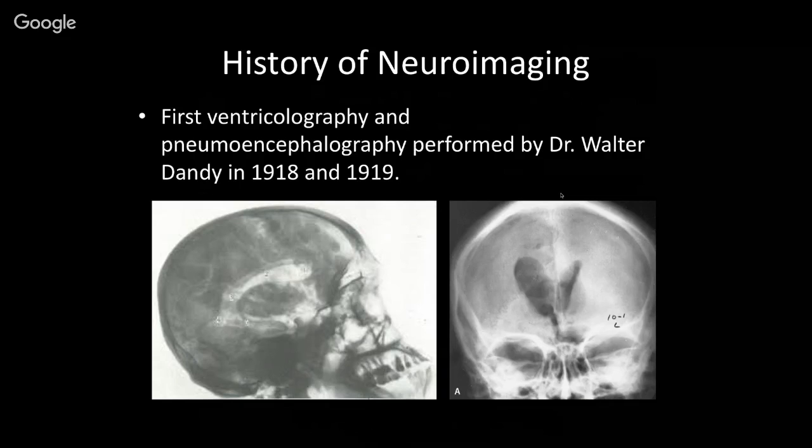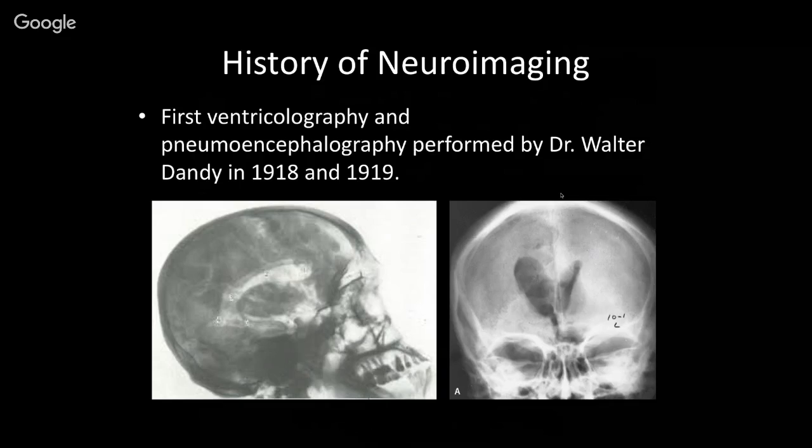So neuroimaging as a field has been around for about 100 years, and the first report of neuroimaging was back in 1918, 1919, and it was essentially an air encephalogram that was performed by Dr. Walter Dandy.